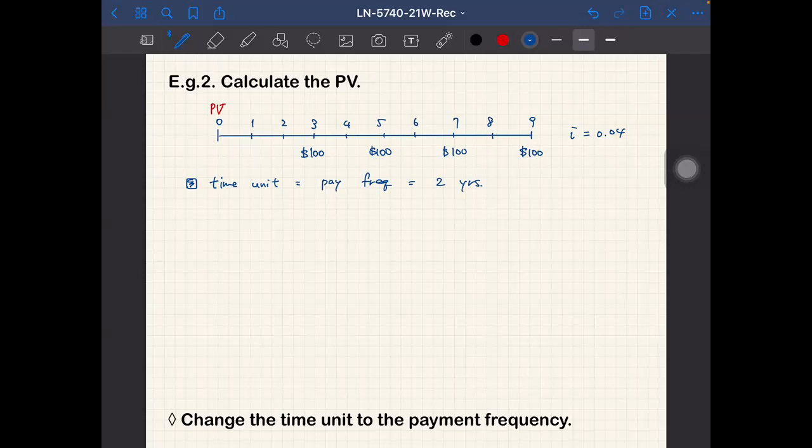The second point is that if we make the time unit 2 years, then the PV is 3 years before the first payment, so it's not really convenient to evaluate. So we think about the value at time 1. Then these time points are all multiples of the 2-year interval. So we evaluate X first, then evaluate PV.